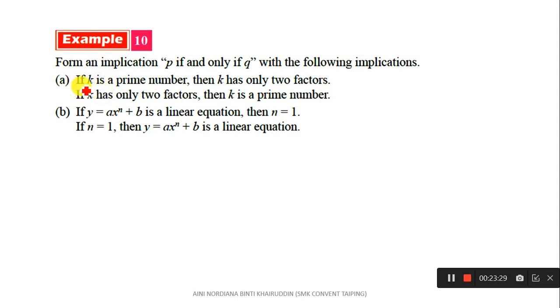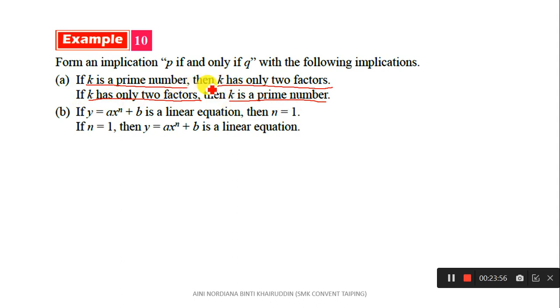So, this is the two implications. The first implication is: if K is a prime number, then K has only two factors. The second one: if K has only two factors, then K is a prime number.